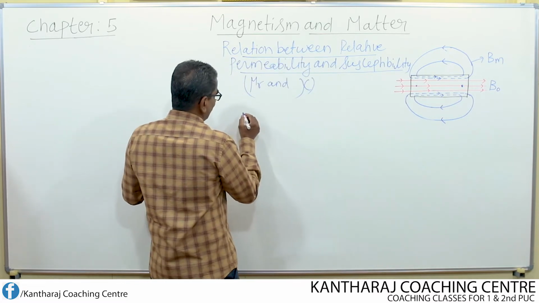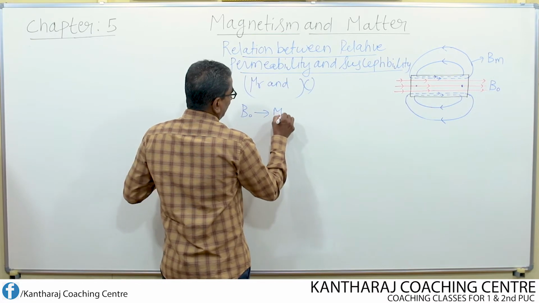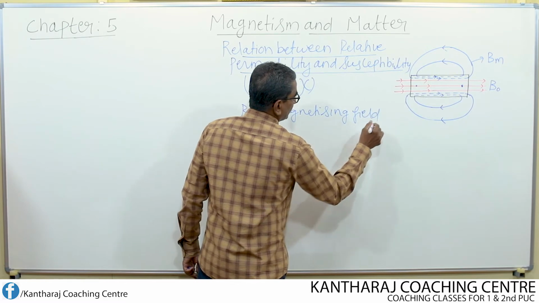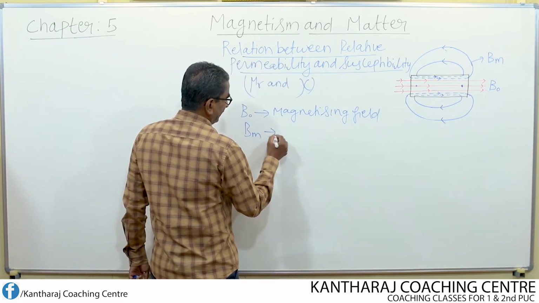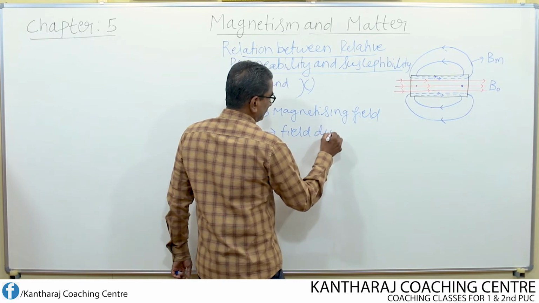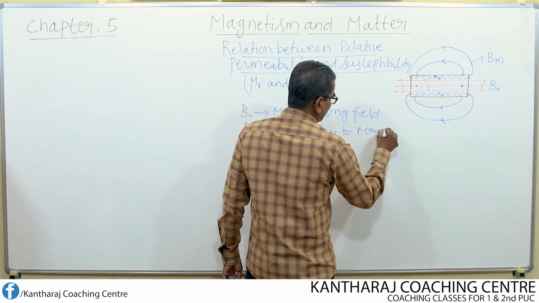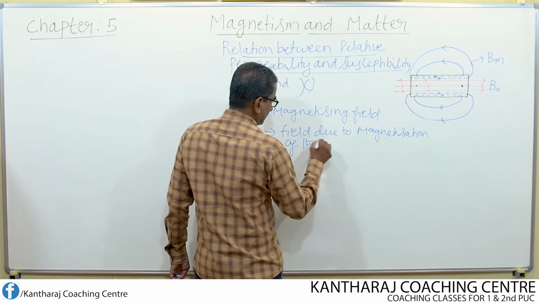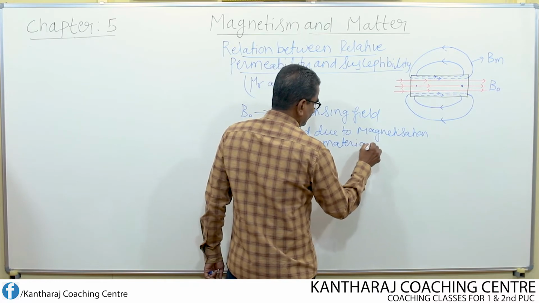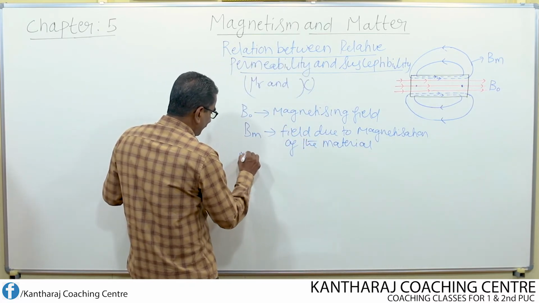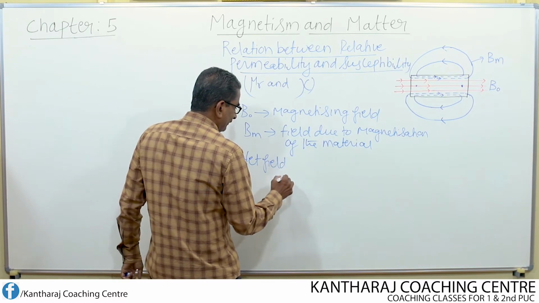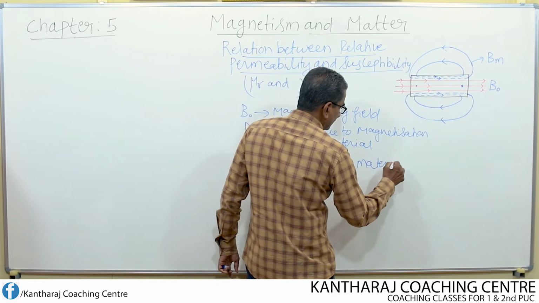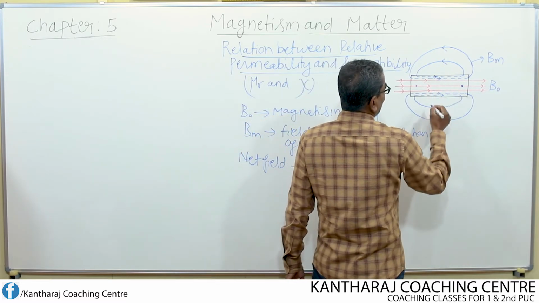So I write like this: B0 is the magnetizing field, Bm is the field due to magnetization of the material, and the net field inside the material, at any point inside, is given by B.